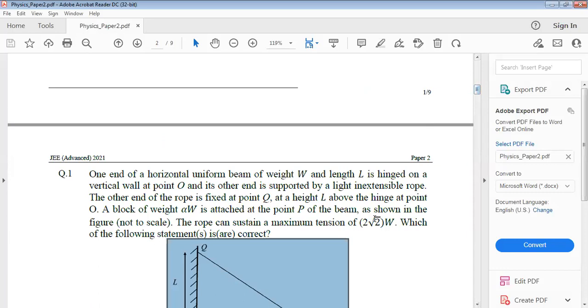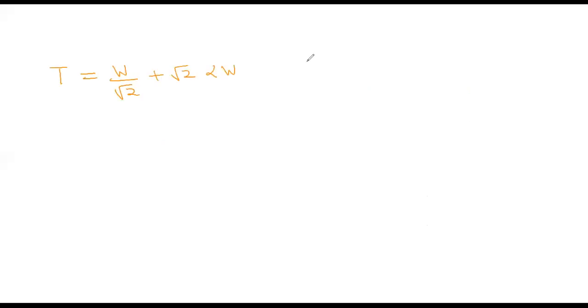W by root 2 plus root 2 alpha W. Now the breaking tension is 2 root 2 W. Therefore, for the rope to break, this will be greater than or equal to 2 root 2 W.